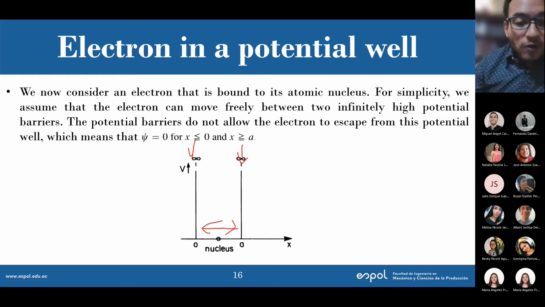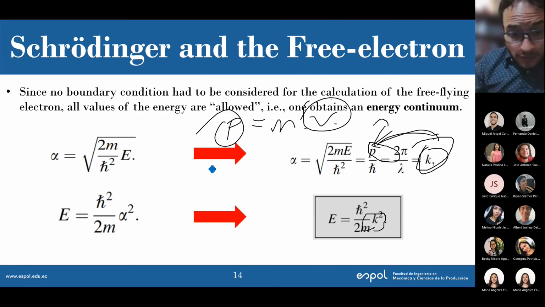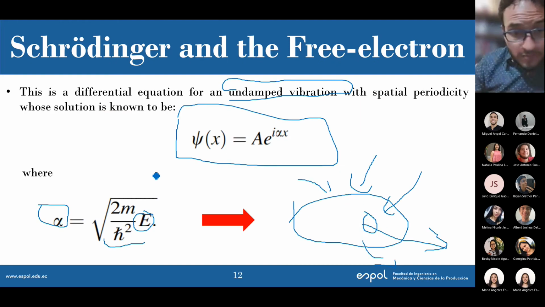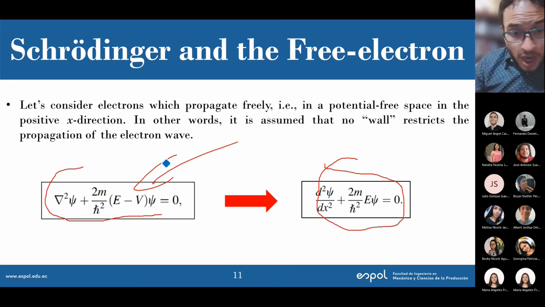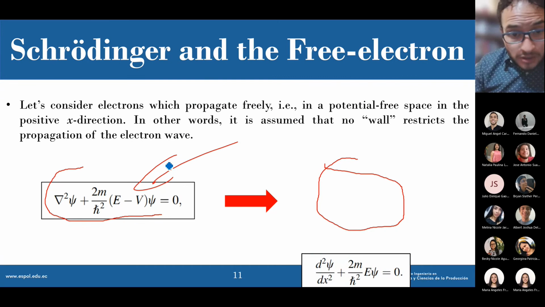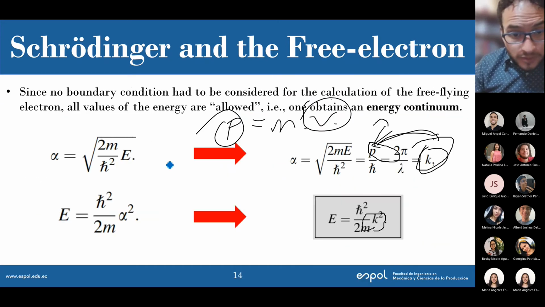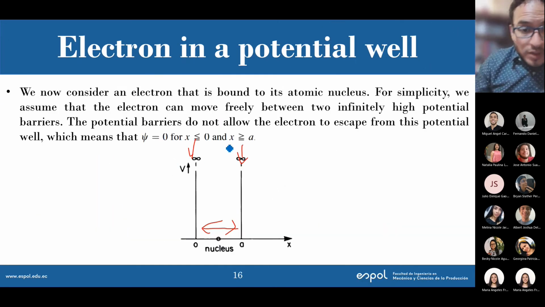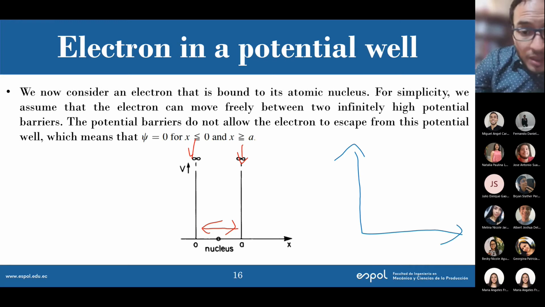Well, it's because before, for simplicity, I was assuming I don't have any barrier. Before I had this, the electron was moving freely, but what we were considering actually was just moving in the positive x direction.